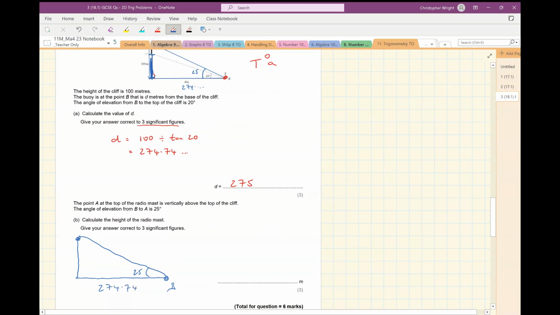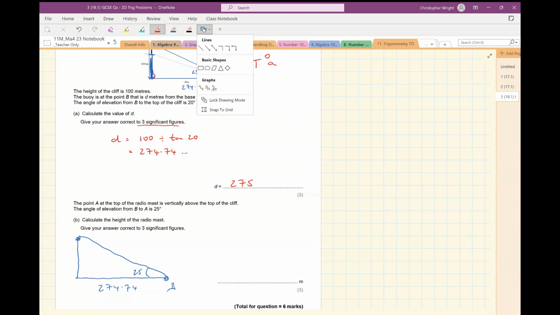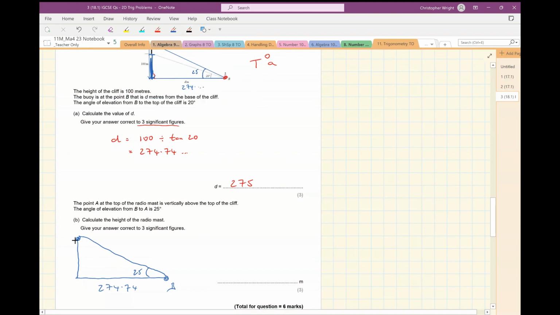So let's find the whole of this length here, the whole of that length, which I'll call X. Again, I'm going to use tan, and I'm trying to find the opposite. So X is going to be the tan of the angle multiplied by the adjacent.